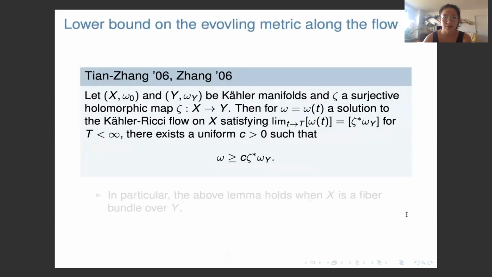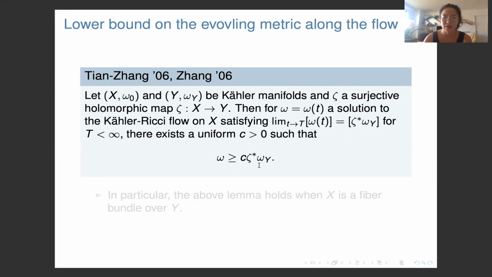Another result gives us a lower bound of the evolving metric along the flow. In 2006, in the work of Tian and Zhang, they show that if you have (X, omega_0) and (Y, omega_Y), two different Kähler manifolds, and zeta, a surjective holomorphic map taking x to y, then for omega, a solution to the Kähler-Ricci flow on x, satisfying that its limiting metric class is equal to a class on simply the base manifold, omega_Y, for t finite, there exists a uniform little c such that omega is bounded below by c times zeta, the pullback of omega_Y.